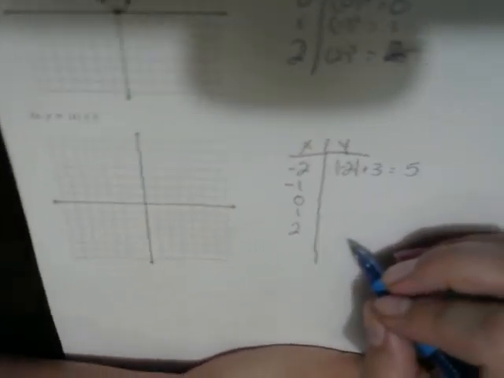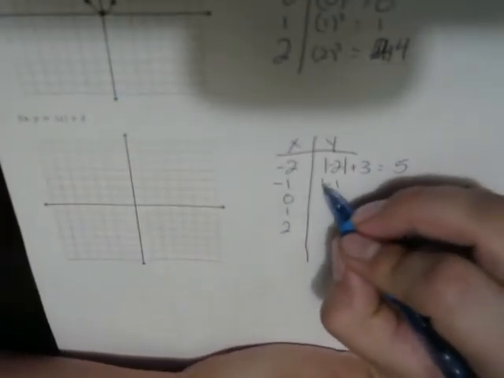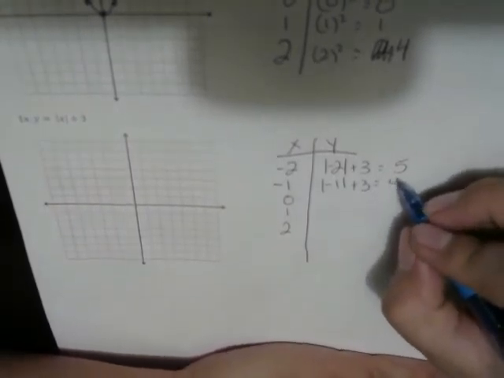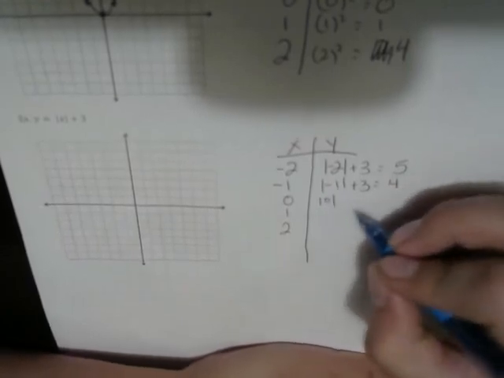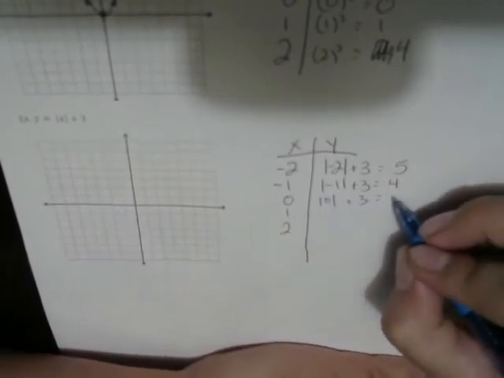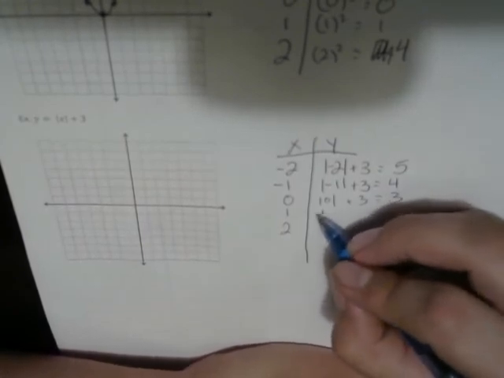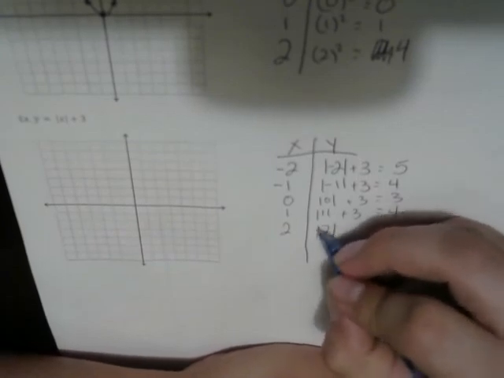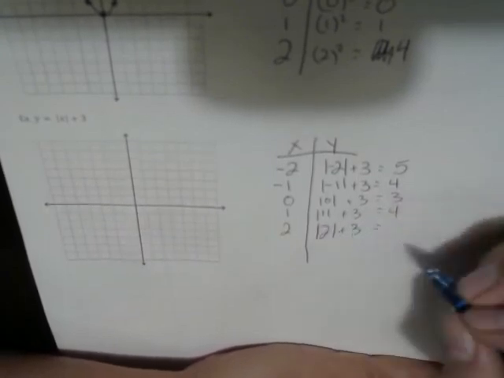The absolute value of -2, plus 3. The absolute value of -2 is 2, plus 3 would be 5. -1: the absolute value of -1 plus 3 equals 4. 0 plus 3 equals 3. Absolute value of 1 plus 3 equals 4. Absolute value of 2 plus 3 equals 5.